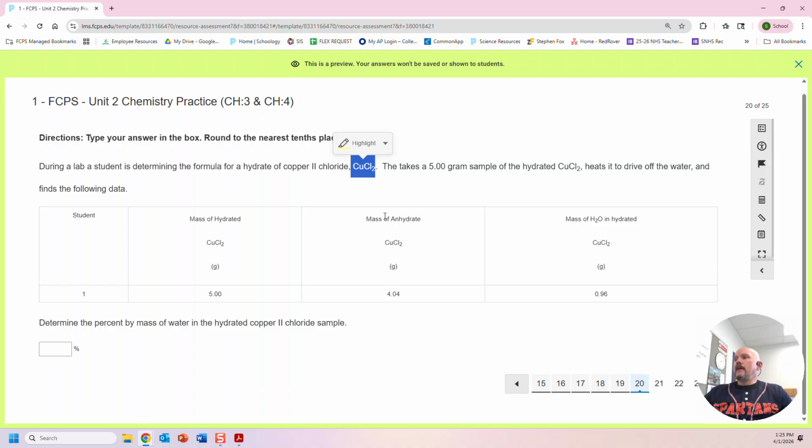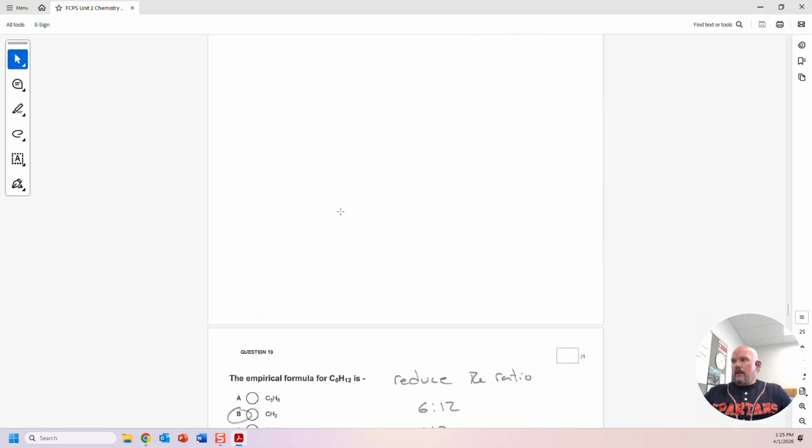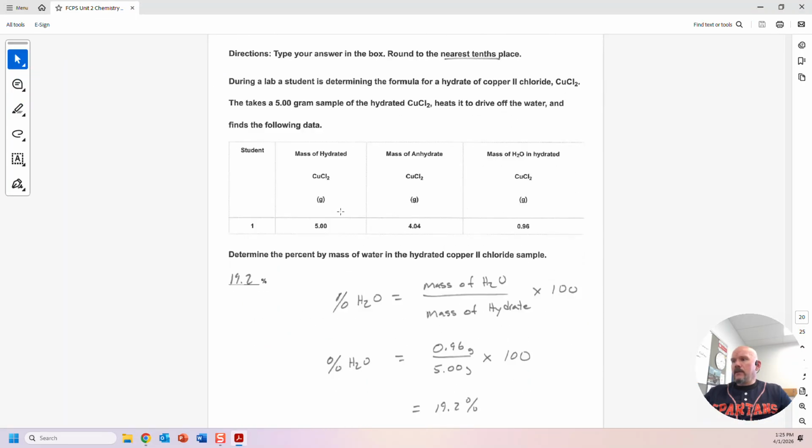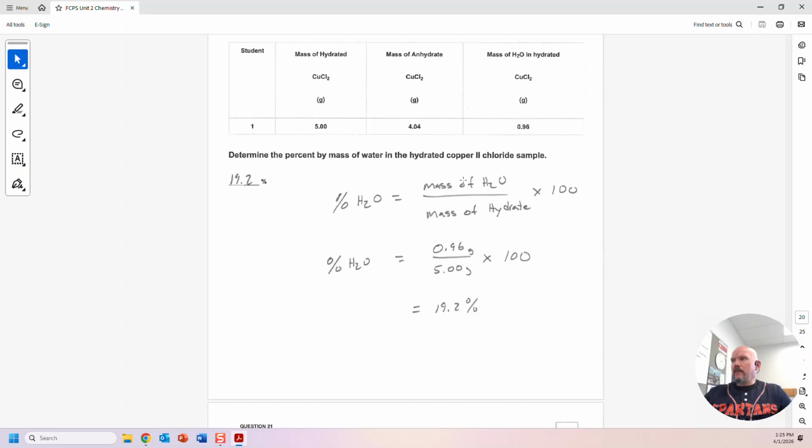But this is just saying what percent of the hydrate, that whole compound, is water. And all we have to do is take the mass of the water in the hydrate divided by the mass of the hydrate. And they gave us that number, right? This was the mass of the hydrate, so the CuCl2 with the water.